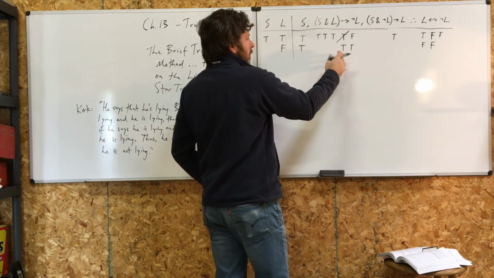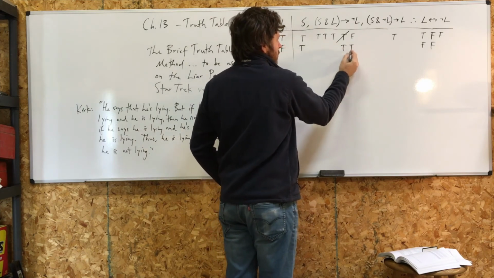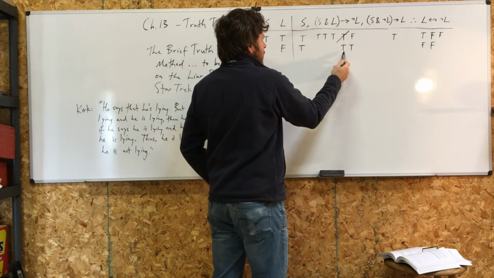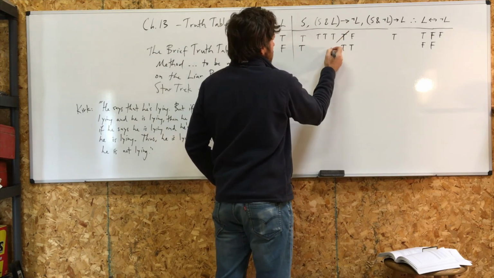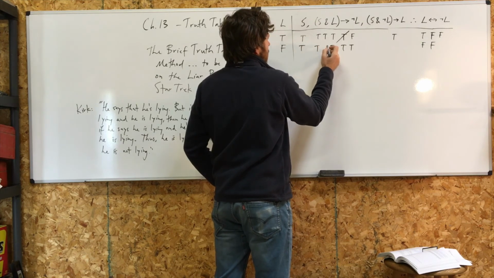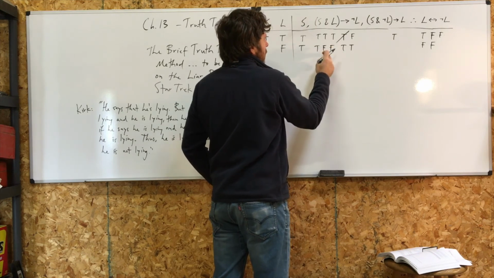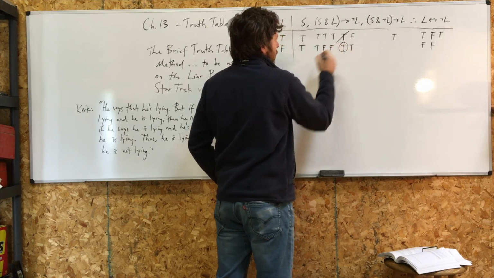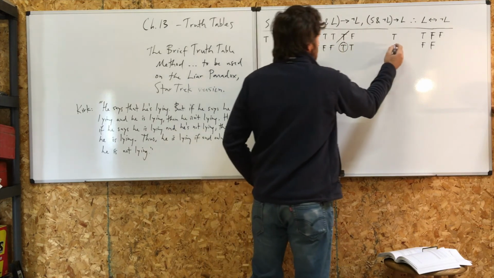By the way, a conditional is always true when the consequent is true. So no matter what we get here, this will be true. But we can fill it in just for completion's sake, just to make sure we get everything covered. False antecedent, true consequent, we get our true premise. Awesome. What about over here?